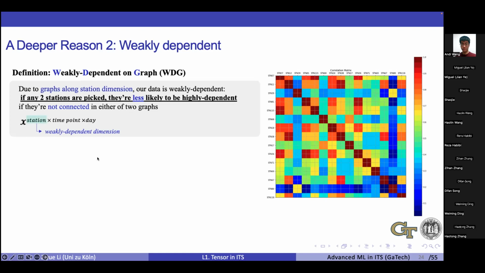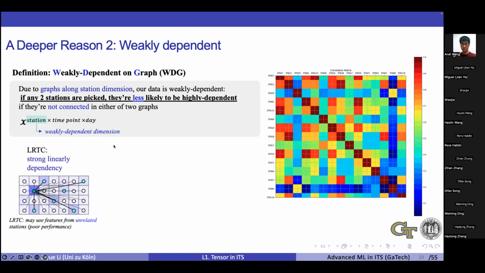And this explains why the original low-rank tensor decomposition doesn't work well, because the original low-rank tensor decomposition assumes a really strong linear dependency, so that you may use the features even from unrelated stations.